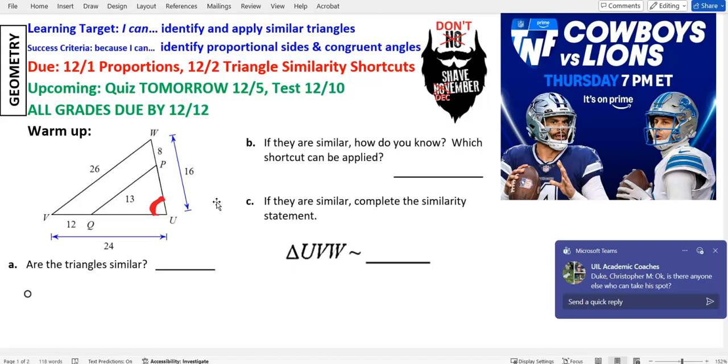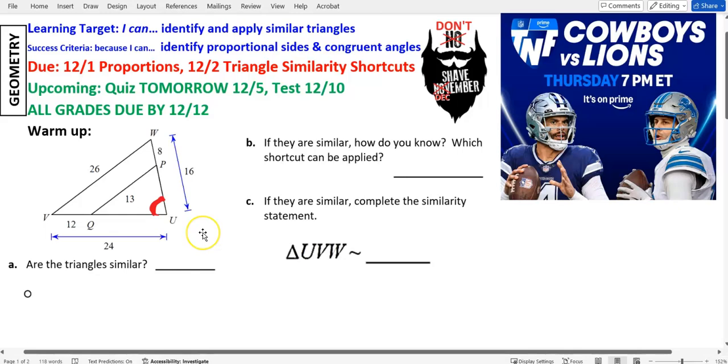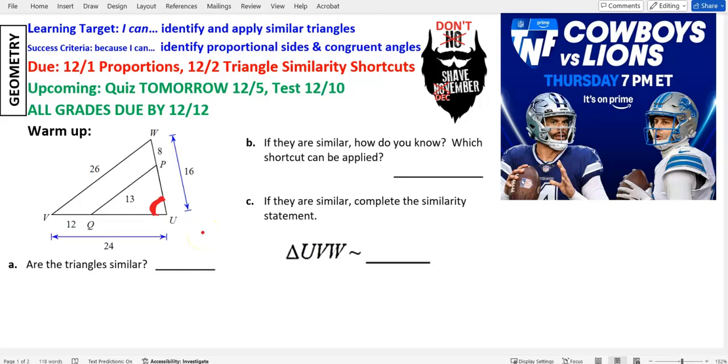Sound good? Okay. Now the question is, what do we do next? So check this out. I see sides and I see sides. So this looks like it could be side angle side, but there's a big if: they have to be proportional sides, like we've been doing the last 2 days. So here's what we're gonna do. We need to figure out this small side length right here.